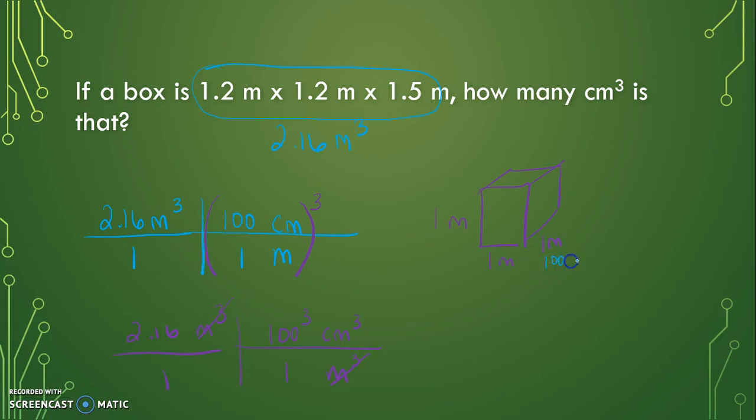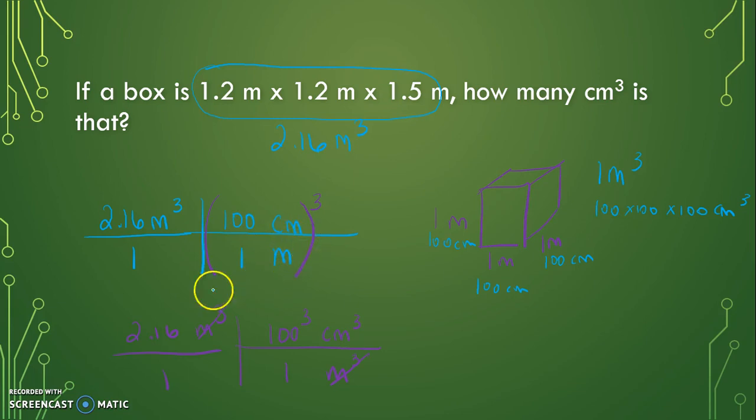This is 100 centimeters and 100 centimeters and another 100 centimeters. So when you do 1 times 1 times 1 for meters cubed, that's 100 times 100 times 100 centimeters cubed, which is why this works out right here.